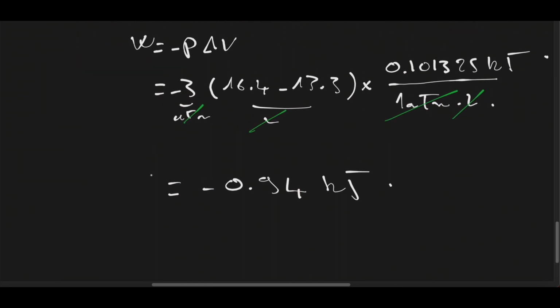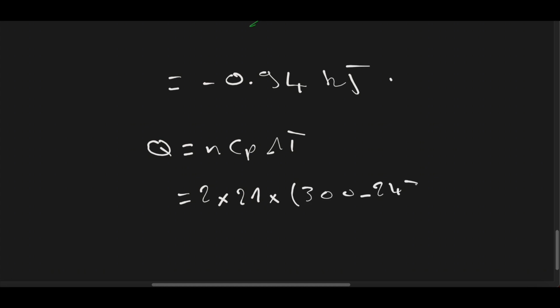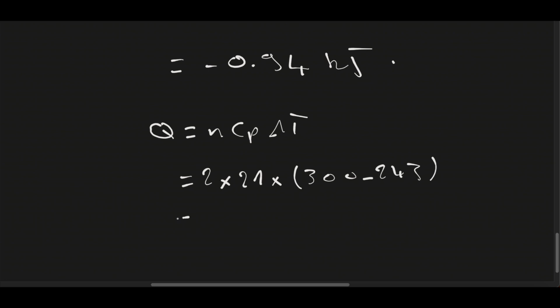Now the heat Q is equal to n Cp delta T, which is equal to 2 times 21 times 300 minus 243 Kelvin, and here it is equal to 2.39 kilojoules.